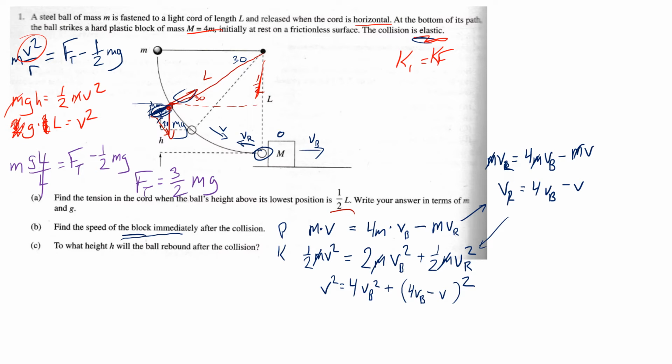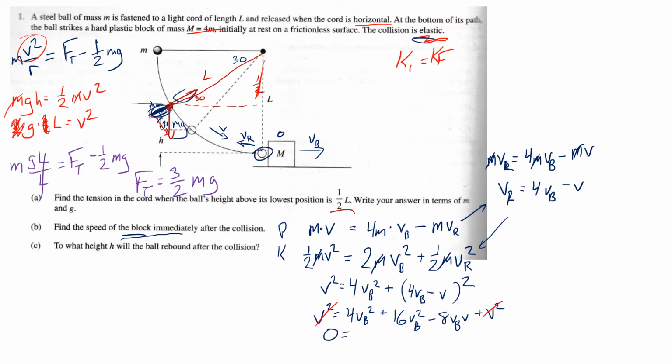Now we've got to factor it out, or FOIL it out. So V squared is equal to 4VB squared plus 16VB squared minus 8VBV plus V squared. All right, the V squareds cancel out on both sides, and let's simplify. Let's combine like terms here.